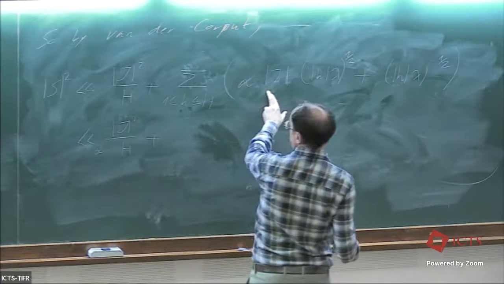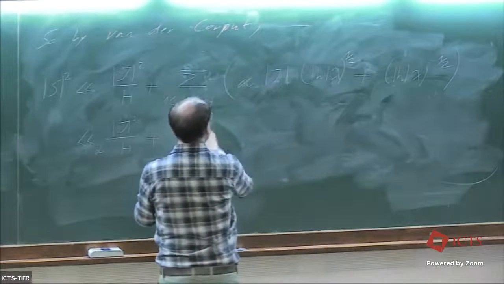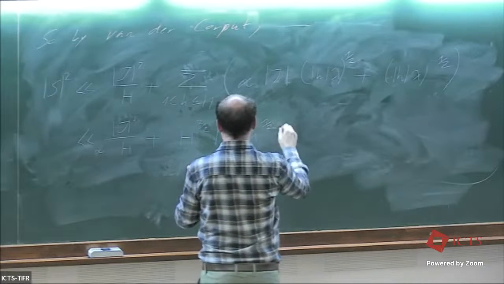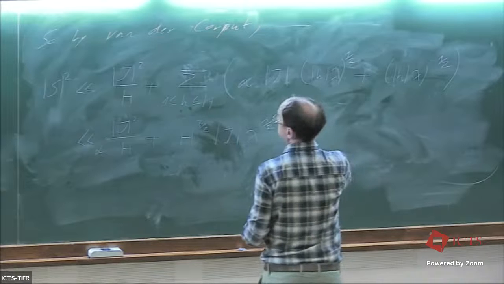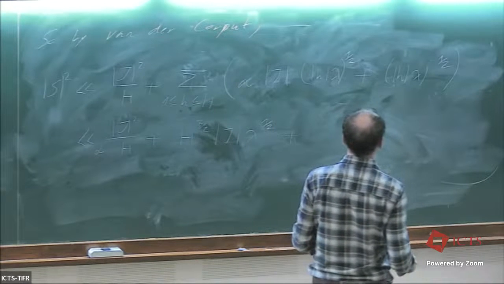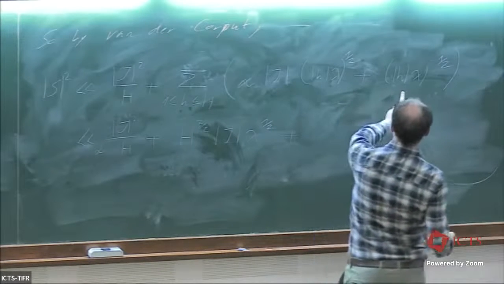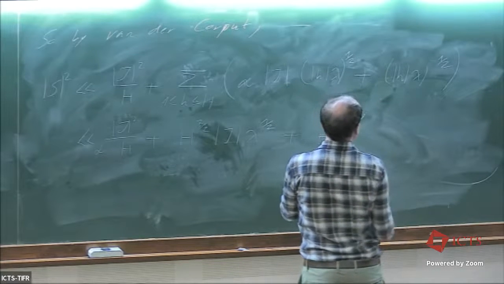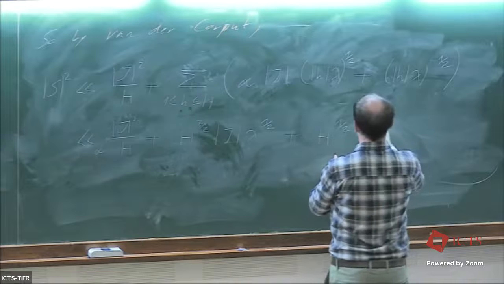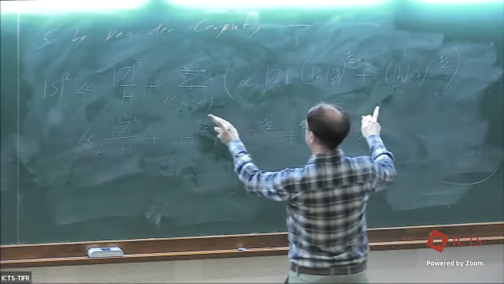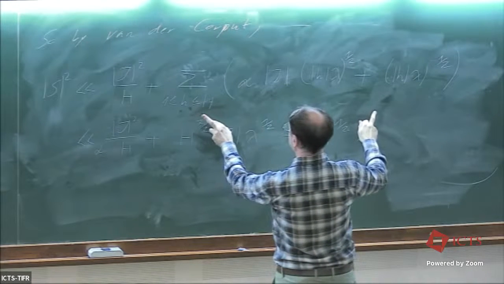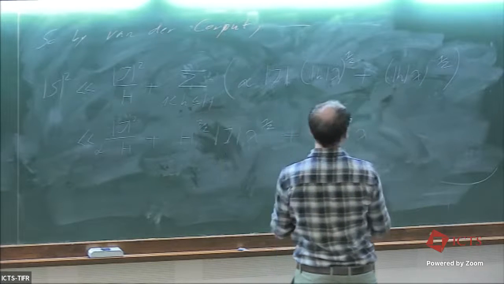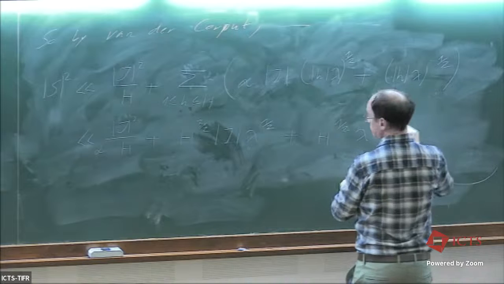So then we get H to the 3/2 I lambda to the 1/2 plus, and this term here gives H to the 1/2 lambda to the minus 1/2.